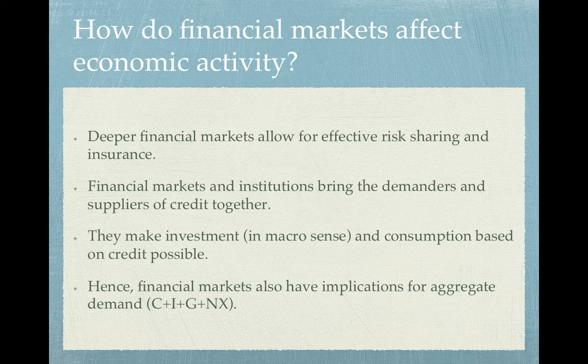By bringing together the demanders and suppliers of credit, they make investment in the macro sense, which is basically financing capital stock, and consumption based on credit possible. Hence, financial markets also have implications for aggregate demand.